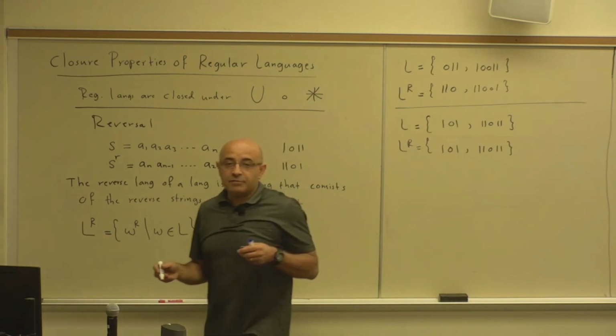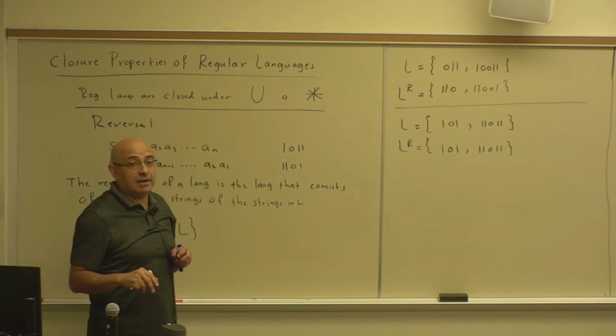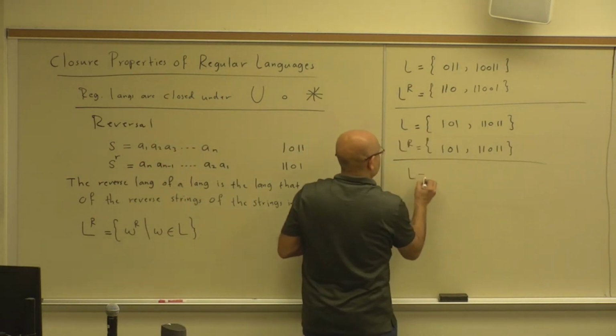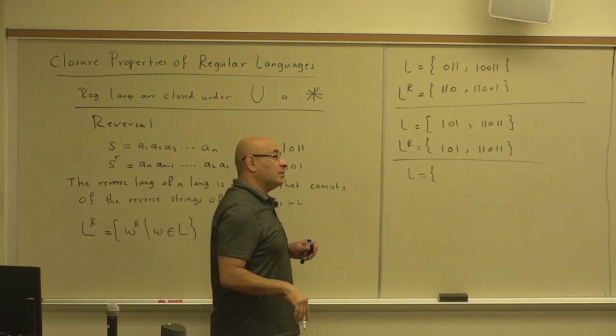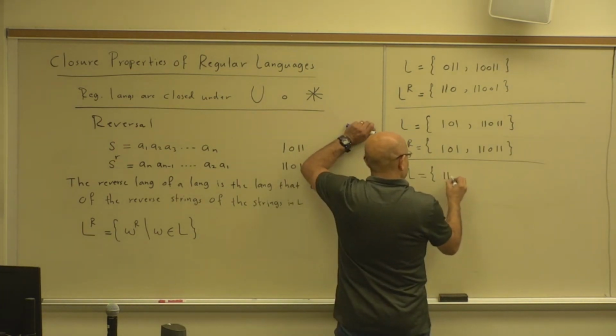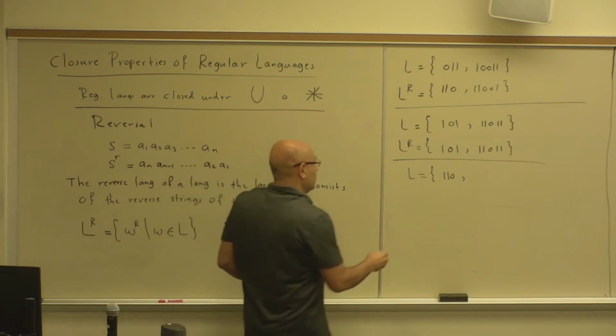Do all the strings have to be palindromes in order for the reverse to be equal to the language? No, not necessarily. Give me a language in which the strings are not palindromes. Well, you can, for example, say 110 and 011.